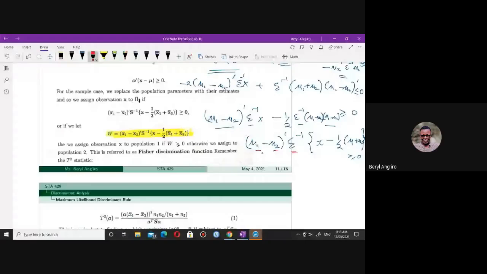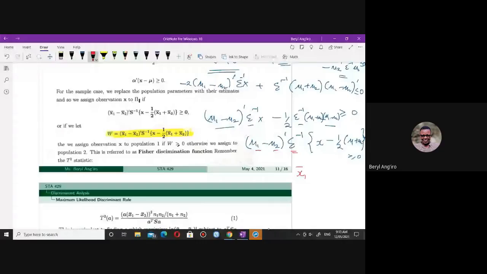So we have (x bar 1 minus x bar 2) transpose S inverse times (x minus a half (x bar 1 plus x bar 2)) is positive.